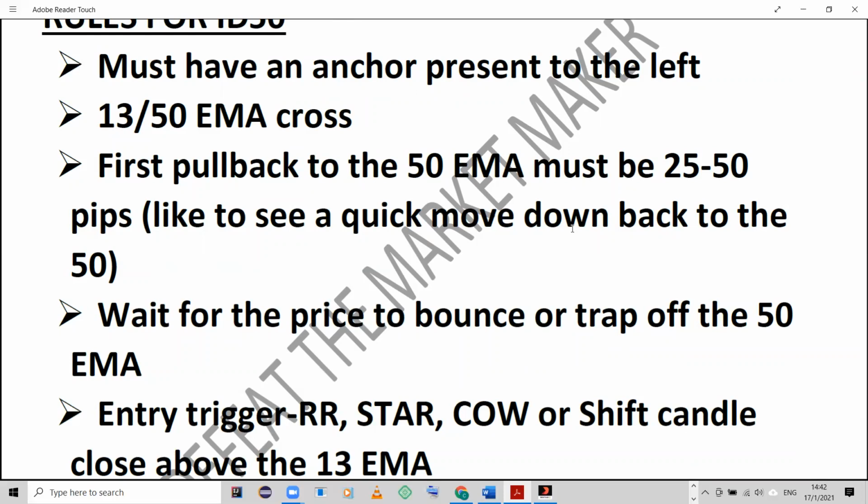For the entry trigger, the candlestick patterns to look for are: first, the railroad candlestick pattern; second, the stars, the morning star and the evening star; third, the cord of wood; and fourth, the shift candle. The shift candle, as you know, should be a candle of 7 to 10 pips or above.